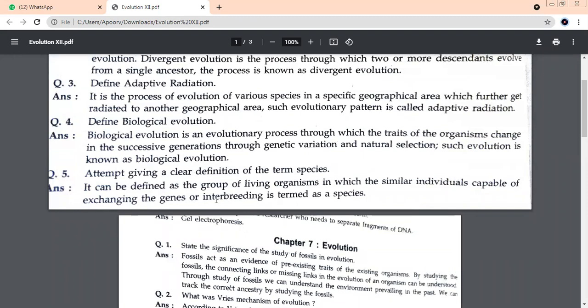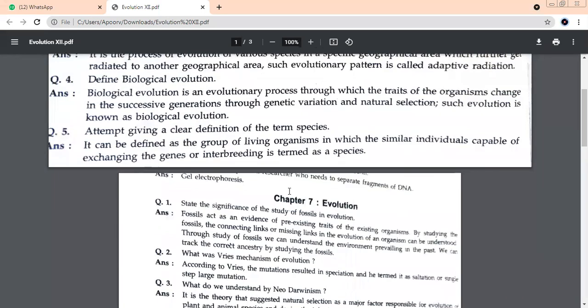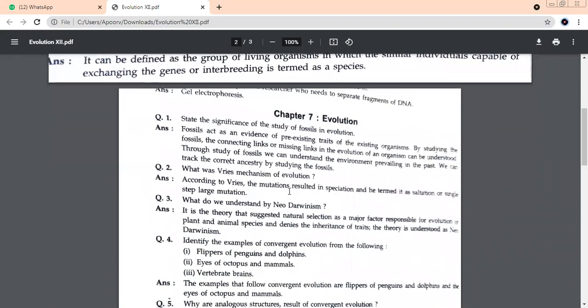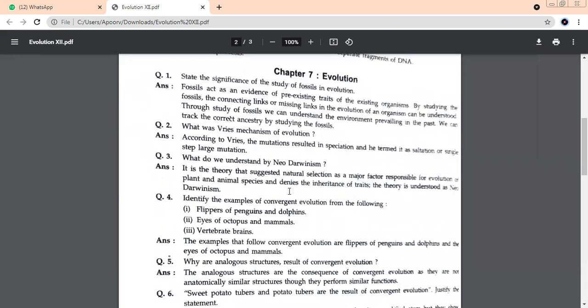Attempt giving a clear definition of the term species. Everybody knows the definition of species. Don't go for this. Whatever you know, you can do. Okay. Now you have to just read the first and the second answers. That's it.